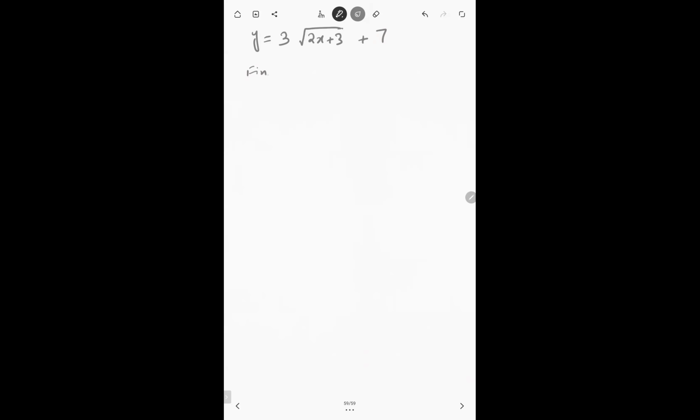Question is, find the equation of normal at x is equal to minus 1. Find the equation of normal at x is equal to minus 1.